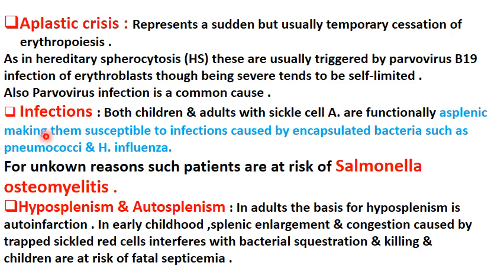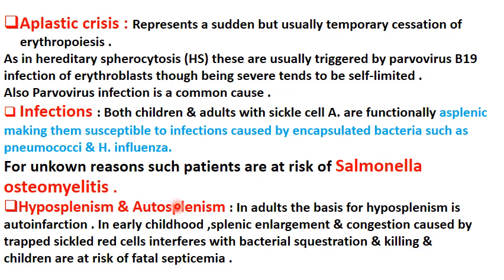This patient has a very small spleen, but it's non-functioning because of repeated occlusion, by repeated sickling, so the patient is asplenic as he has no functioning spleen. This makes them susceptible to infection by pneumococcal or Haemophilus influenzae encapsulated bacteria. For unknown reason, those patients with sickle cell anemia are at high risk of Salmonella osteomyelitis.